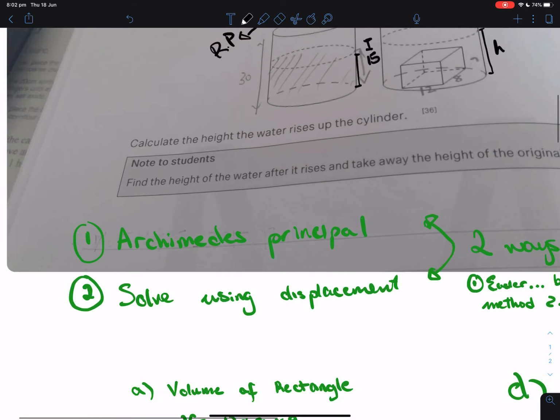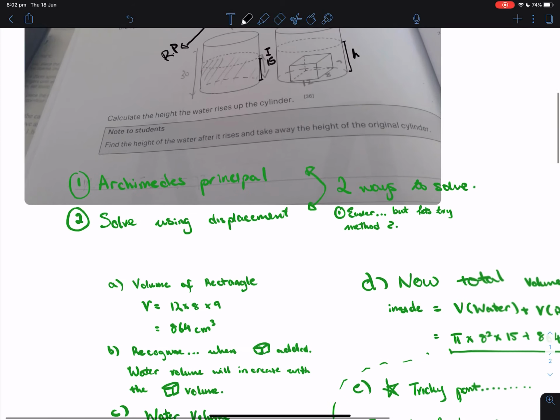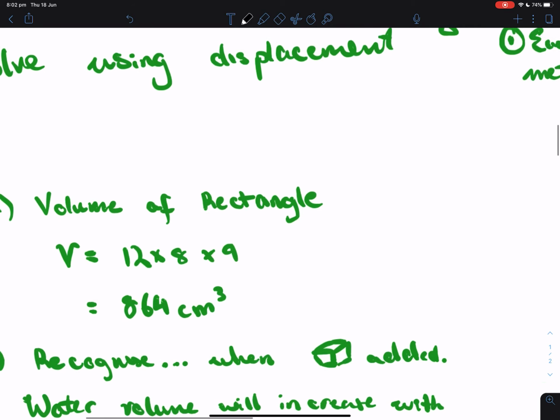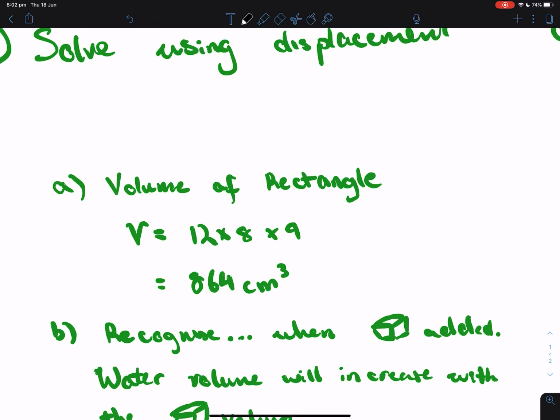There are two ways to solve this. The first one is Archimedes' principle, which directly deals with displacement. If you don't know that, don't worry, we'll solve using displacement theory. The theory just states that if you have 50 mils of water and you submerge a steel cube, 1 cm by 1 cm by 1 cm, it will displace 1 cm cubed.